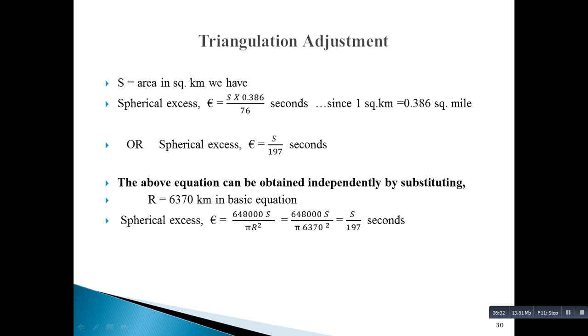If you directly substitute this value r, it is 6370 square, in the basic equation, then also that equation will remain the same. It is S divided by 197. This value is nearly 196.9 or 196.8, so we can consider this value as 197. So the spherical excess, if that area is in square kilometers, is S by 197 seconds.